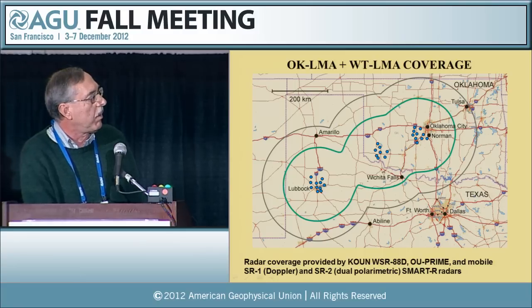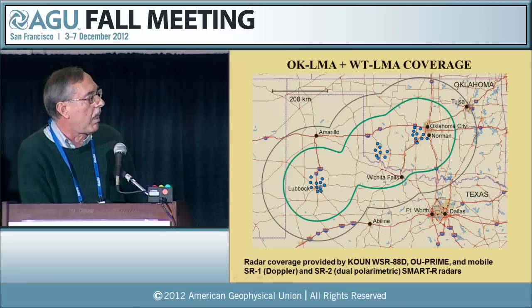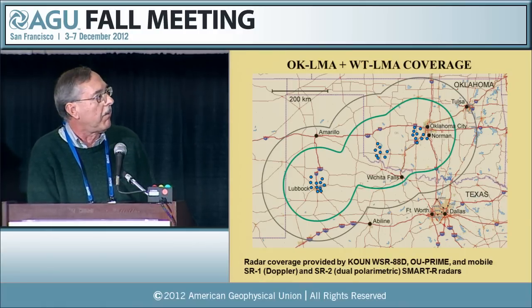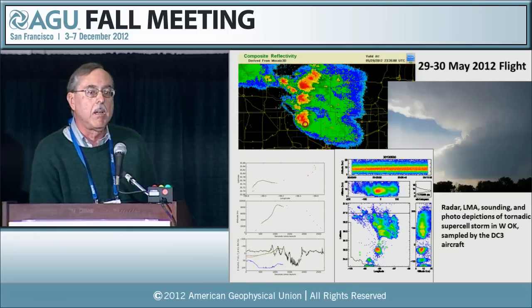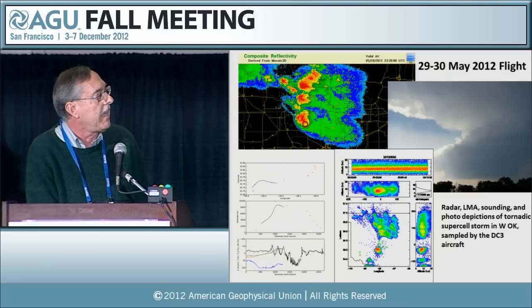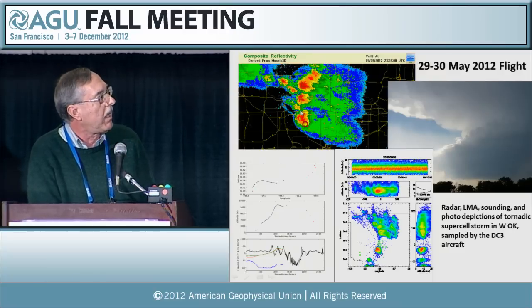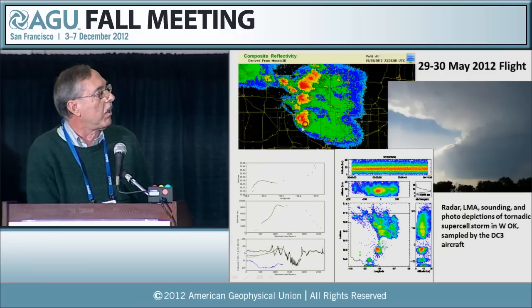And then in the western part of this domain, we depended on the SMART-R mobile radars to give us good coverage. This is one example of a storm that occurred from the evening of the 29th into the 30th of May. Here's a nice photograph of that, as well as a radar depiction of a whole series of cells occurring in western Oklahoma.